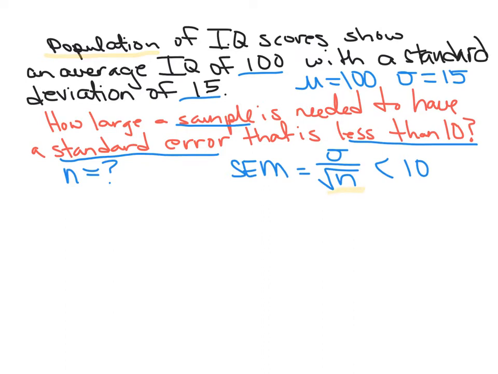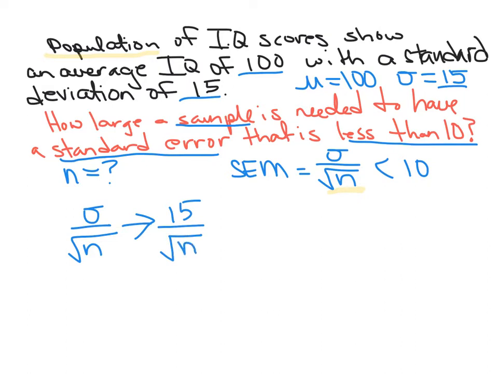What I do is plug in what you have to the standard error equation. So we have the standard deviation of the population over the square root of n. I have 15, if you remember up here, 15 divided by the square root of n.